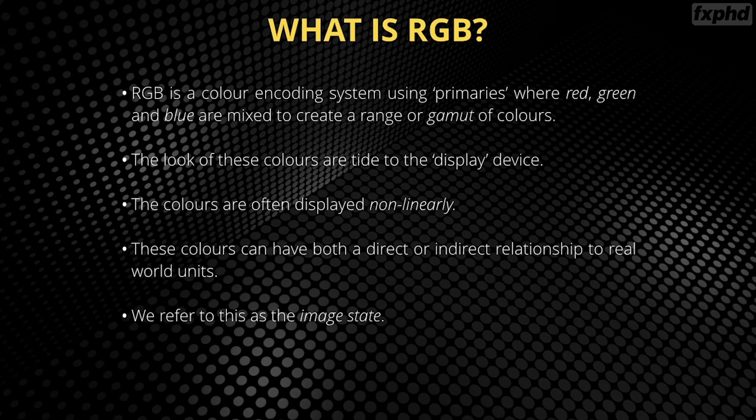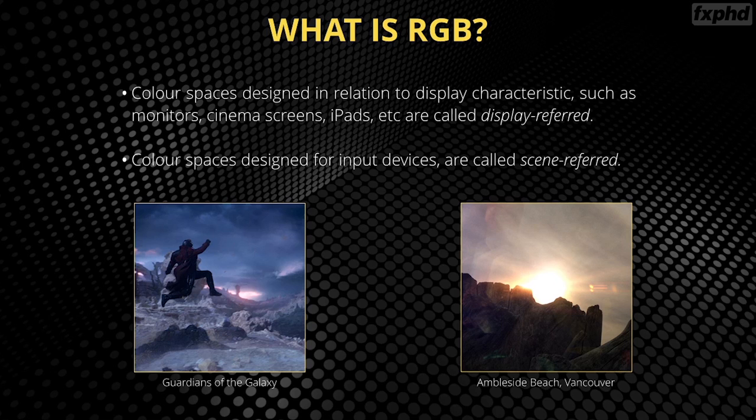Now these colors can have both direct or indirect relationships to real-world units depending on how you're working, and we refer to this as the image state. Now, color spaces that have been designed specifically for display characteristics such as your monitor, the cinema screen, your iPad, they are what's known as display referred, whereas color spaces designed for input devices are called scene referred.